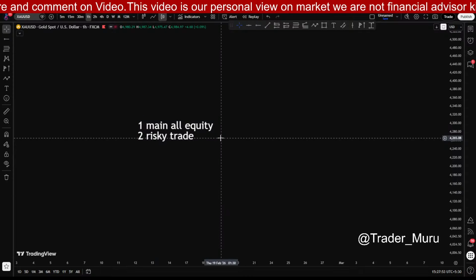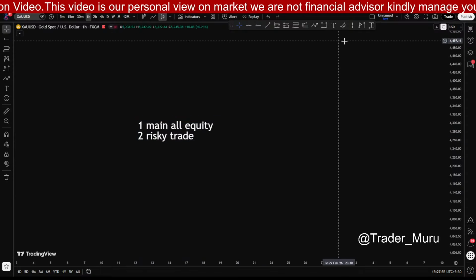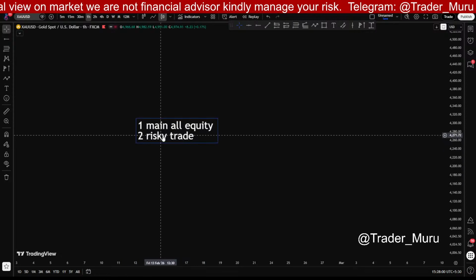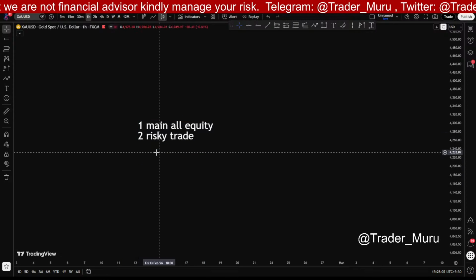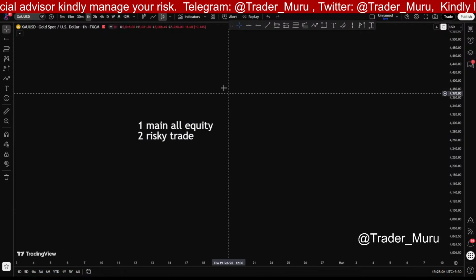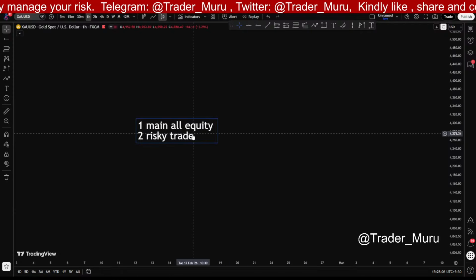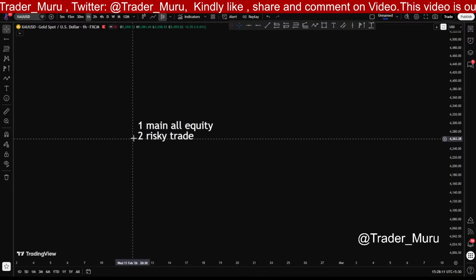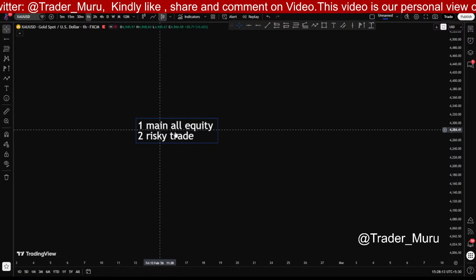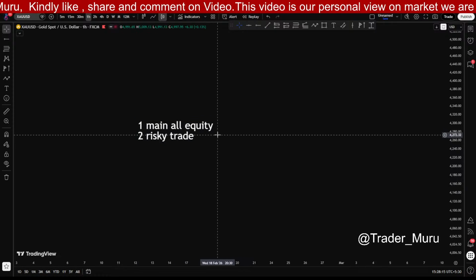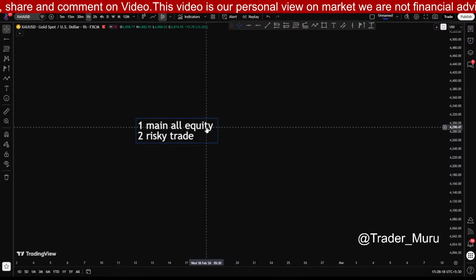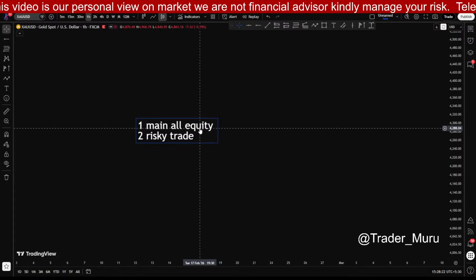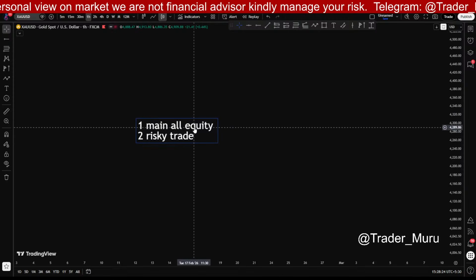So if you want to lose $10 on that risky trade, you will keep only $10 equity in this account. If you want to keep your trade open over the weekend, you will only use the second account. Why? Because if it gets liquidated, you will lose only your risky amount, which is $10, and your main account will be holding your main equity, so it will be safe.